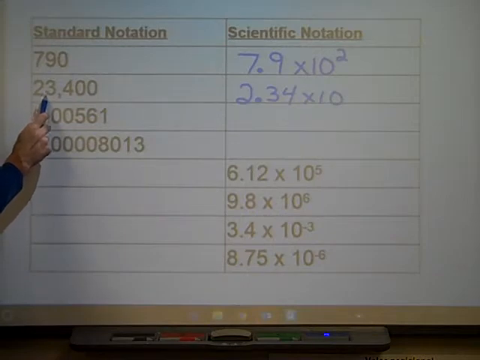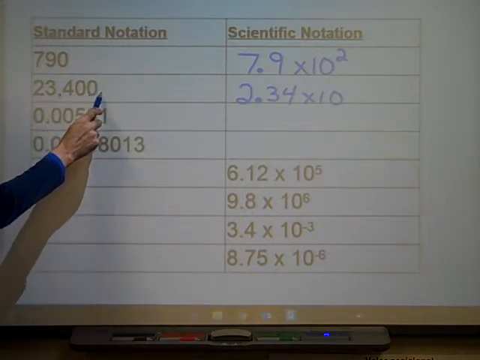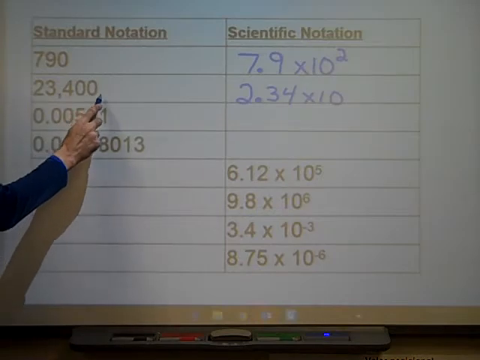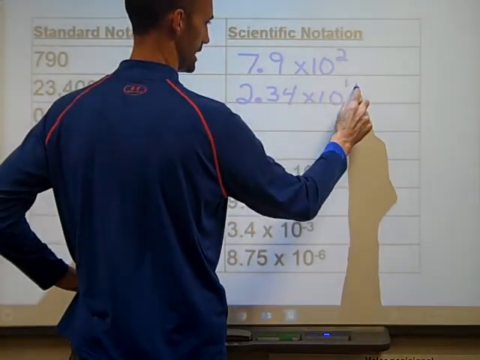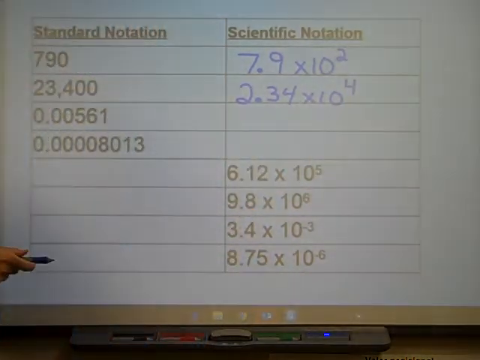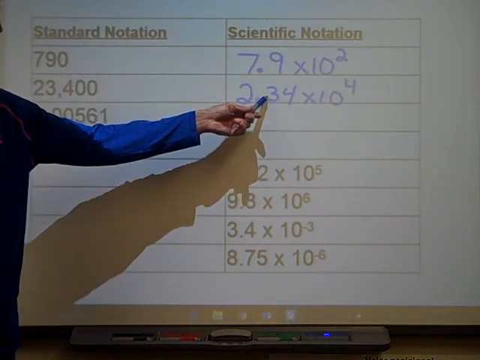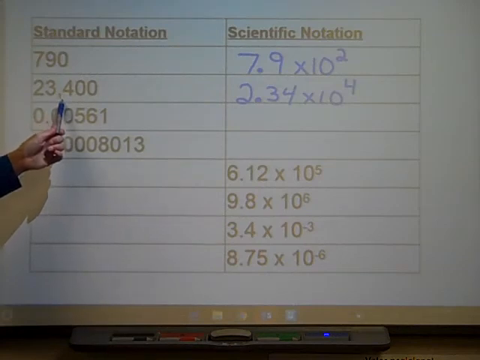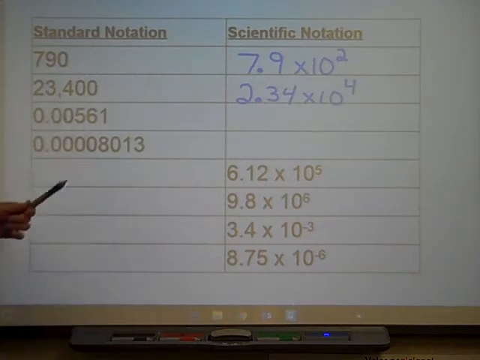So the decimal needs to go here, 1, 2, 3, 4. Let's count it again. The decimal goes here, 1, 2, 3, 4. 4 to the right makes it a positive 4. And again, this number in scientific notation is the same as this number in standard notation. So let's take a look at the next example.